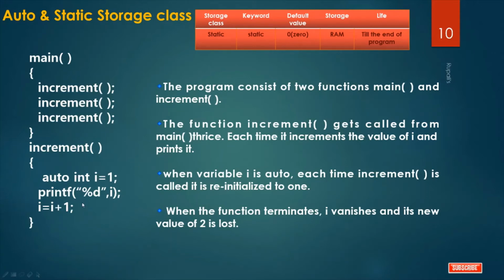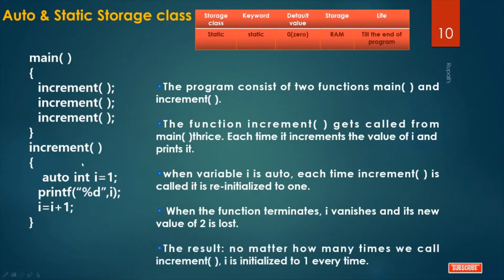So no matter how many times we call increment, I is always initialized to 1. So when it is called 3 times, it gives the values 1, 1 and 1.